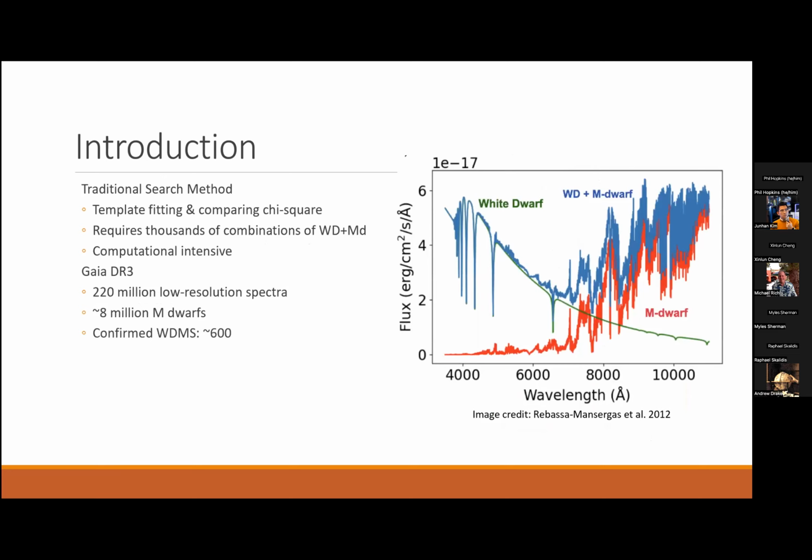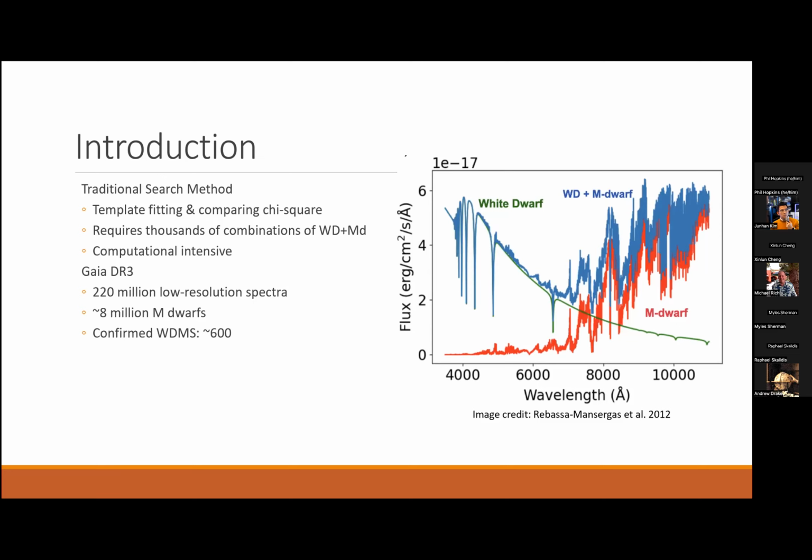So how did astronomers find this kind of binary system before? Well, it's through template fitting and comparing the chi-square. Here's a spectrum. This is actually a very outlier sample. The White Dwarf here is pretty strong. Most of the time, you cannot just tell them apart by eye, and it requires template fitting.